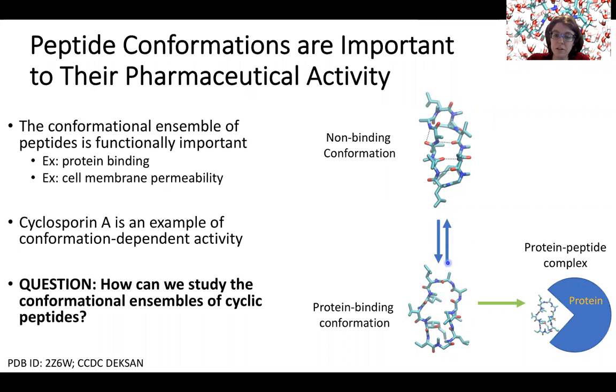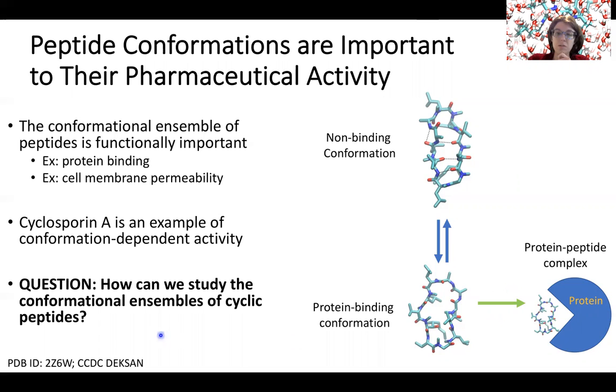As you might imagine, the amount of the active conformation that you have is going to really influence your pharmaceutical activity. For instance, there are some cyclosporin A analogs that have increased protein binding conformation population, and thus increased pharmaceutical activity. So if we really want to understand how our cyclic peptide drugs are working, we need to understand, one, what conformations do they take, and two, what are their relative populations.